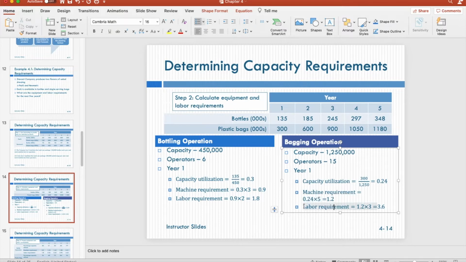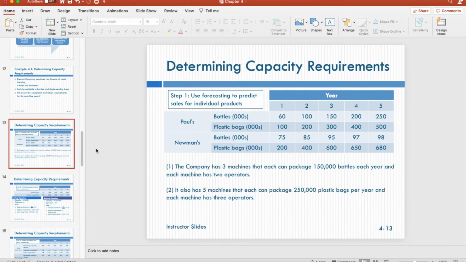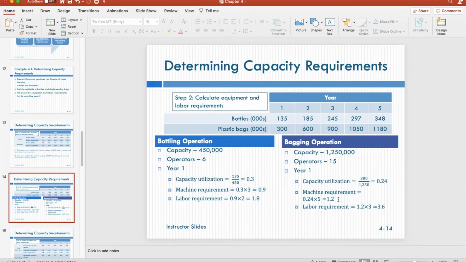Now, similarly for labor requirements, how do we do this calculation? Very simple. We already know that effectively we only use 1.2 machines, and for every machine, how many laborers do we need? It is 3. Since we are effectively using 1.2 machines, and every machine needs 3 people to operate, we use 1.2 times 3, which is 3.6.